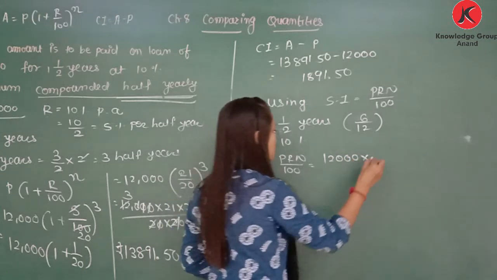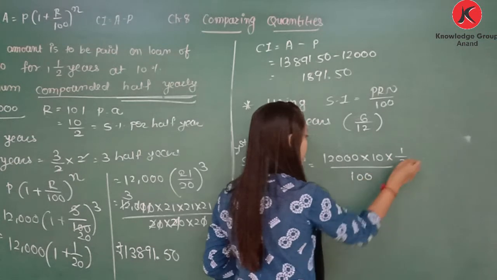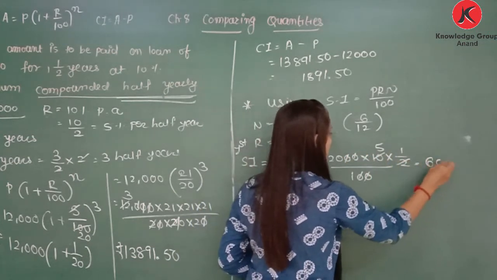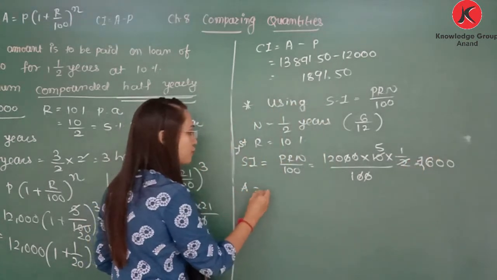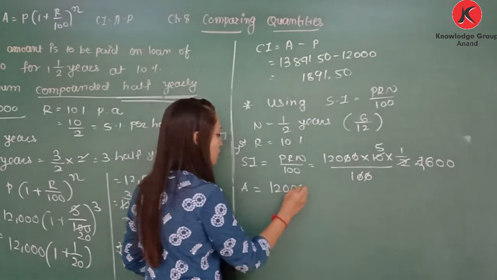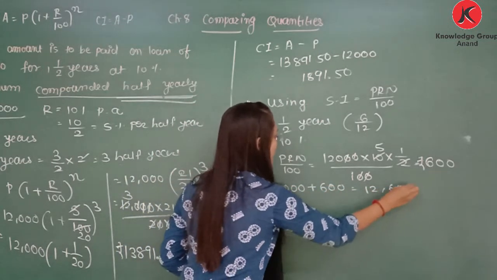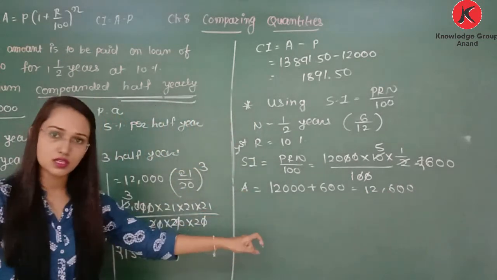Rate of interest is 10. n is 1/2, divided by 100. So we get 600 rupees. That is the interest. Now the amount for the first half year is 12,000 plus 600. That is 12,600.